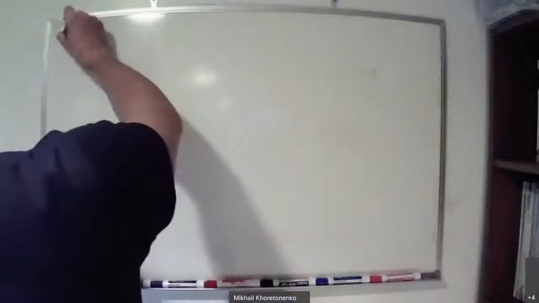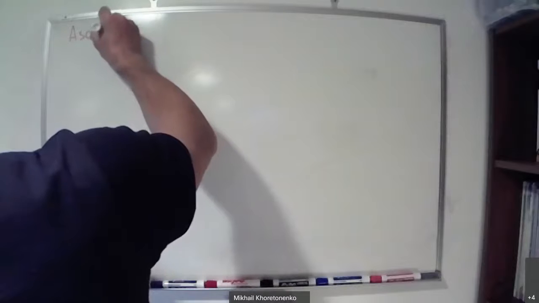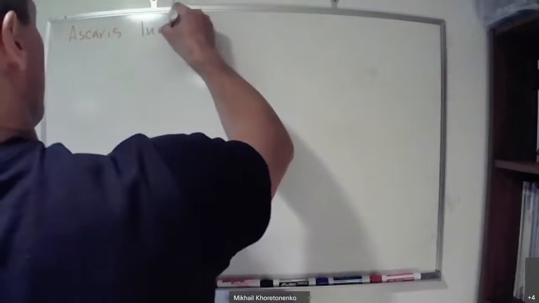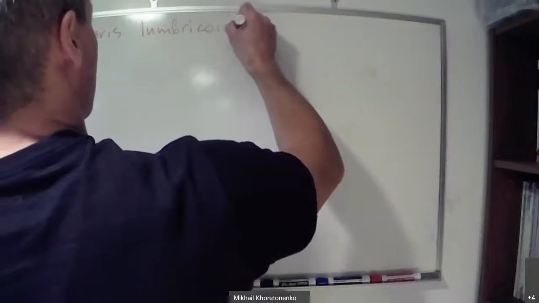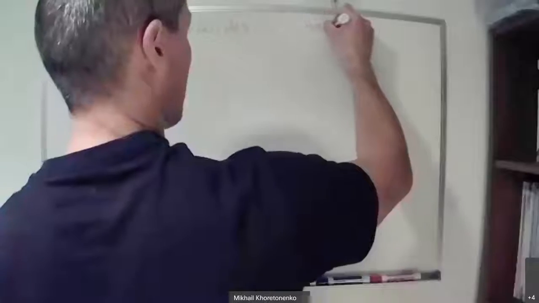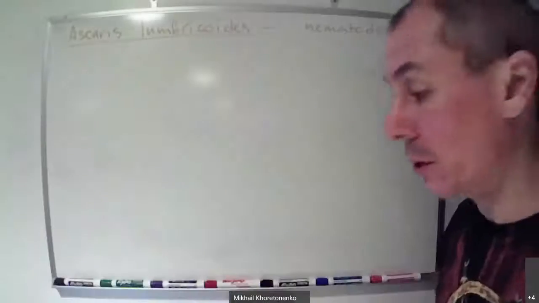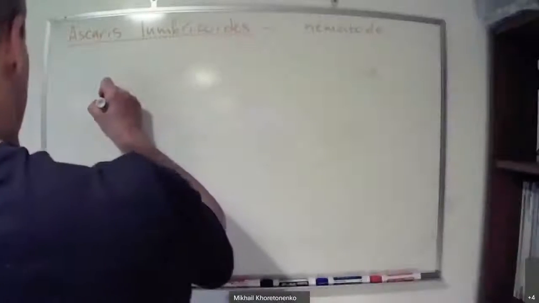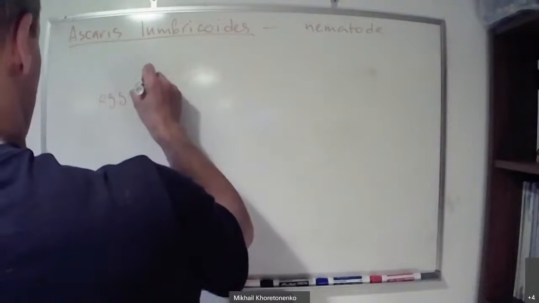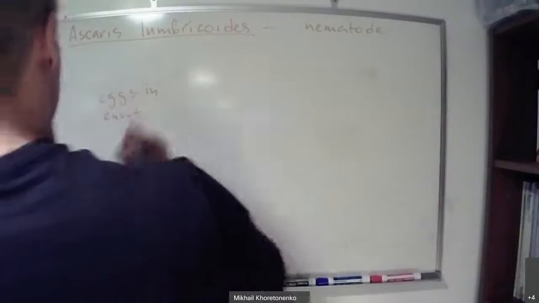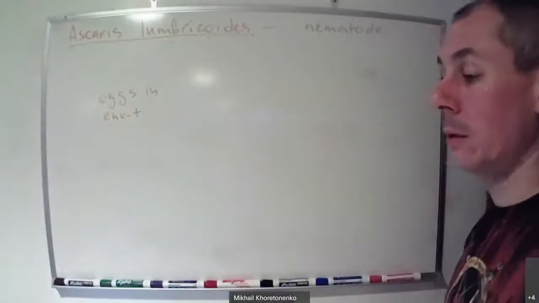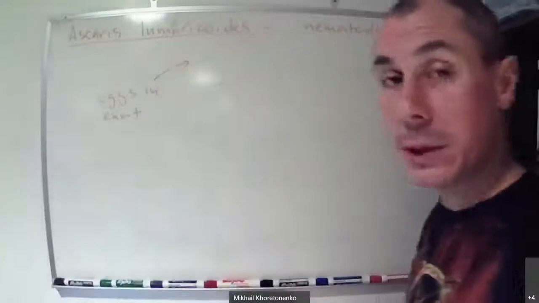The next one, Ascaris lumbricoides, is the largest nematode that affects humans. Okay, so it all starts with the eggs in the environment. And they are consumed by humans, you know, through fecal contamination of food products.